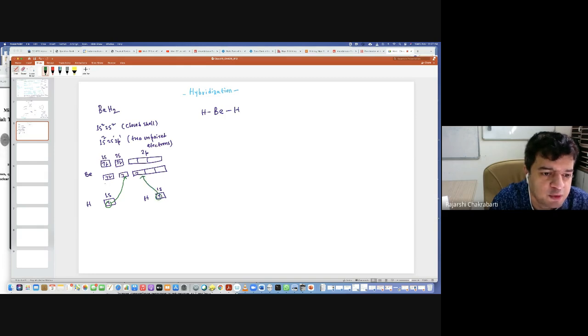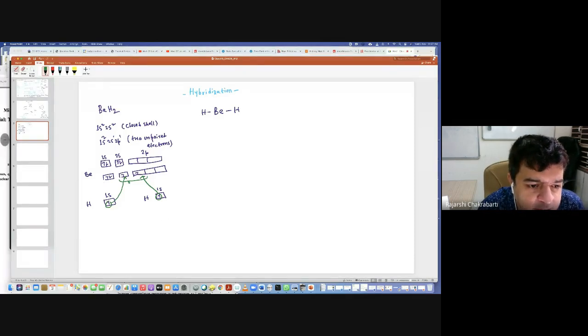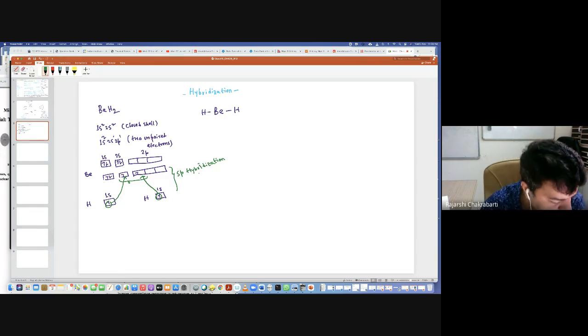On beryllium you have s and p, they mix and form something like sp hybridized orbitals, and these electrons are paired up like this. This is called sp hybridization. This is how it is done in inorganic chemistry, and they'll talk about geometry and other things. Okay, we'll see how to do it.